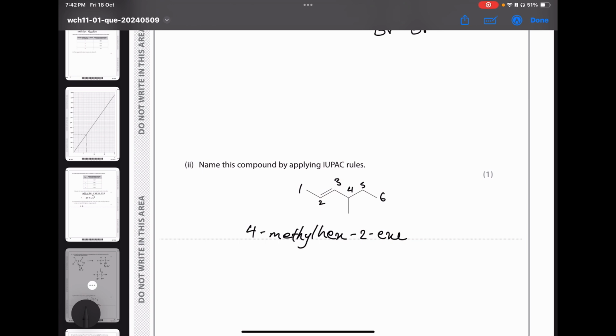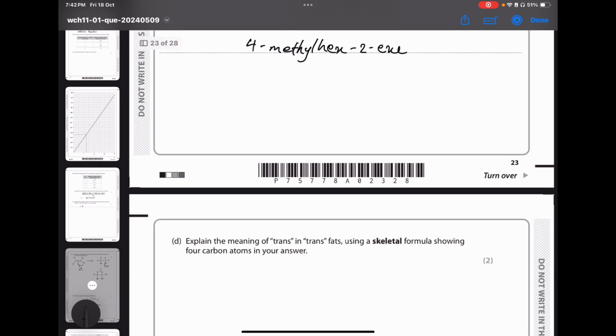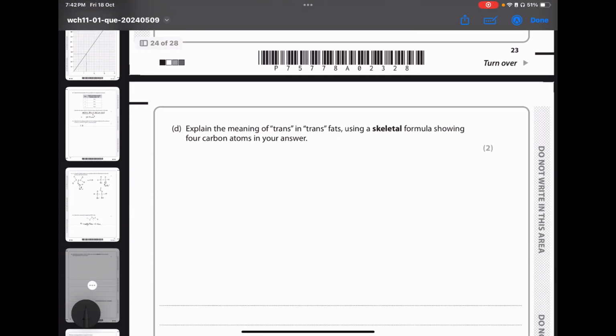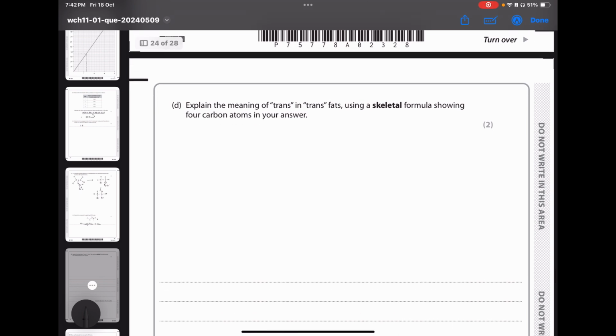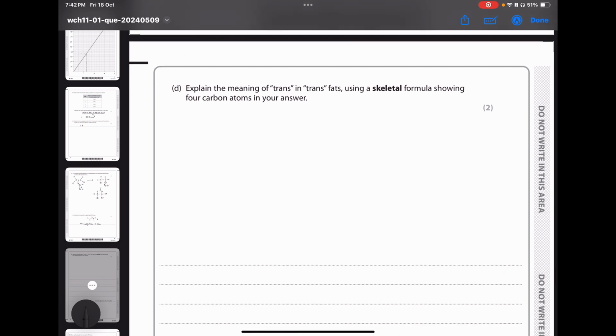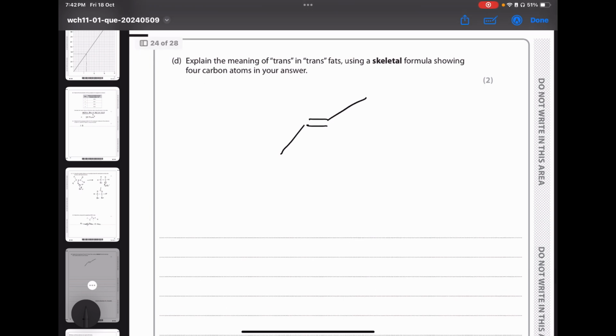All right. Okay. Next, explain the meaning trans using a skeletal formula showing 4 carbons in your answer. Okay, trans means, if they're talking about the cis trans, right? So for the 4 carbon atoms, if I draw the skeletal formula, one of them is going to be on the other side, the other one is going to be here.